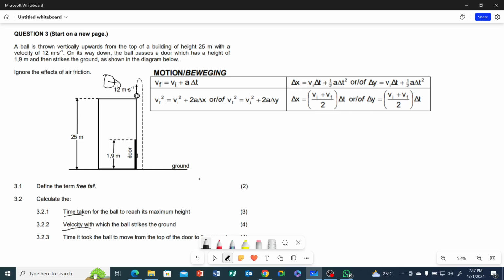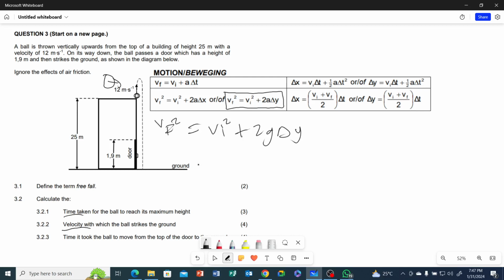Now how do you solve it? I'm going to choose this equation. Remember, we're dealing with vertical projectile, so we're dealing with delta y, not delta x. So we have Vf squared equals Vi squared plus 2 gravitational acceleration delta y.